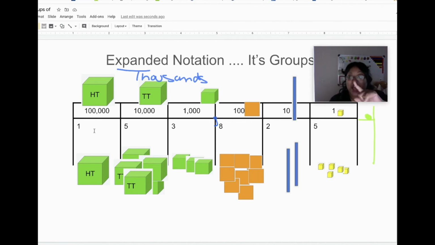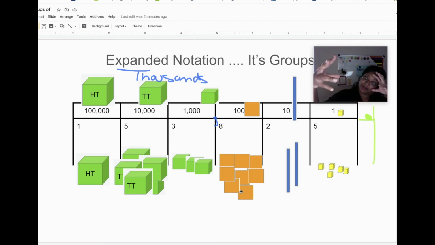This is 1 group of, notice I didn't put an S on it, 1 group of 100, say the last name, 1,000. Very good.